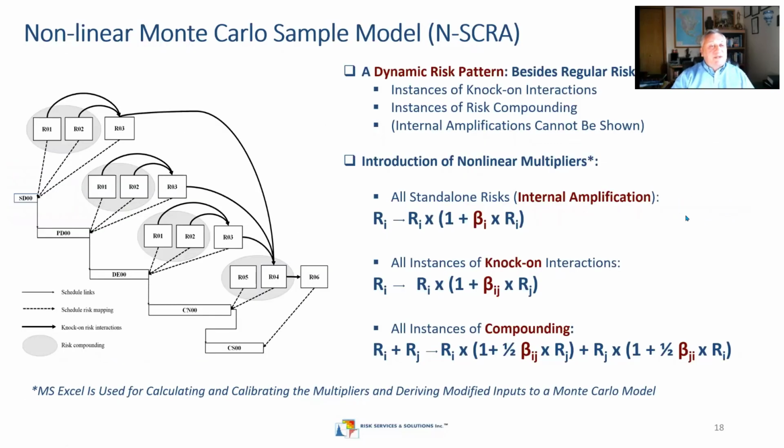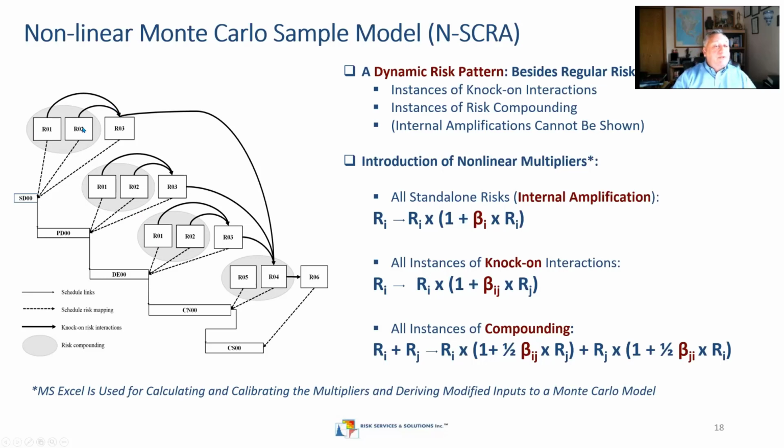Now we need to discuss how we should identify those interactions. Here we are talking only about cross interactions, not internal interactions, because they are internal to particular standalone risks. Here we will discuss knock-on and compounding only. If you have the regular project schedule, you have some mapped risks, as we usually do. Then you need to identify what kind of interactions we need to think about.